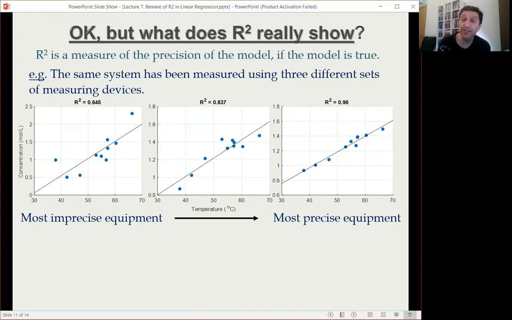So the same system has been tested by different groups: some inexperienced, some very experienced. But the natural law or the relation between concentration and temperature should be identical for these three cases, because the process is still the same process. So using this logic, the same model is going to be applicable for these three cases.